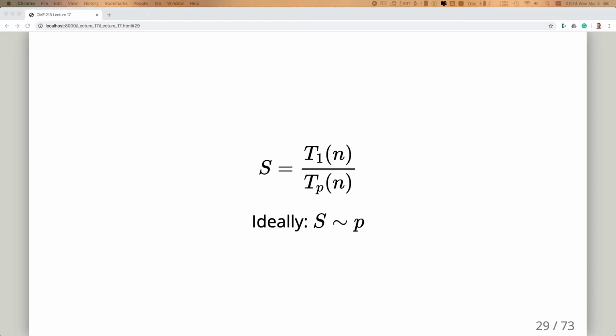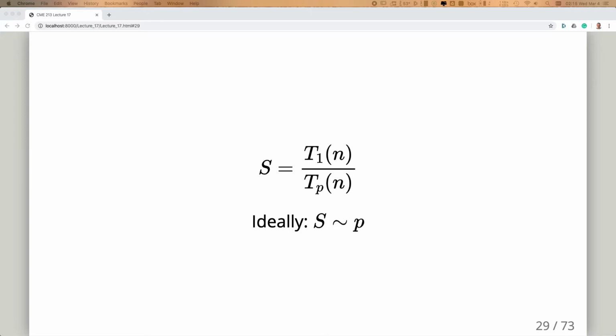Let's say you assign 2 processes. Okay, ideally it's half a second. So the speed up is 2. Let's say you assign 4 processes. Okay, if you assign 4 processes, ideally this would be a quarter of a second. Okay, so you have 4 processes.